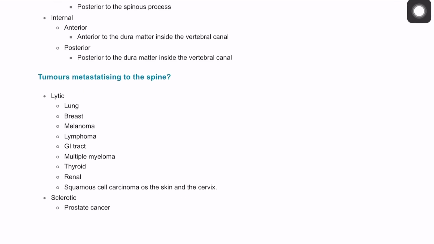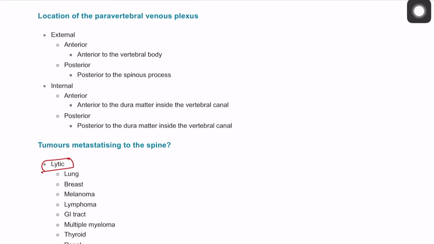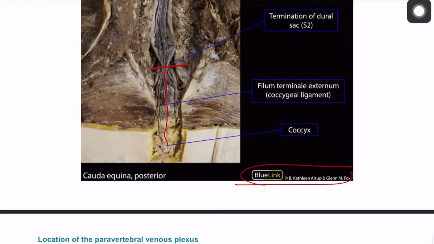Okay, just a quick question. Tumors metastasizing to the spine give lytic or sclerotic lesions. Sclerotic is usually prostate, and lytic lesions, I think we mentioned this before. As for the location of the vertebral venous plexus, I would classify it into external and internal.